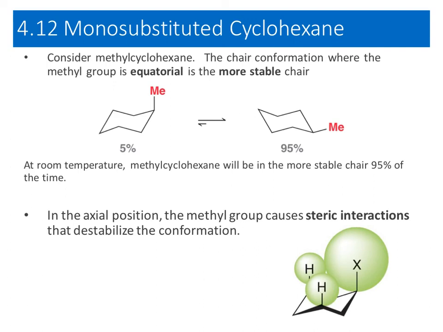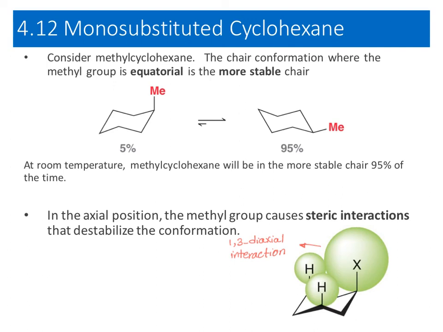And we call that kind of interaction 1,3 diaxial interaction, which destabilizes the conformation. And we call that 1,3 diaxial because if the substituent is on carbon 1, it has interaction with 2 hydrogens that are 3 carbons away from that. So it is 1,3 diaxial interaction.